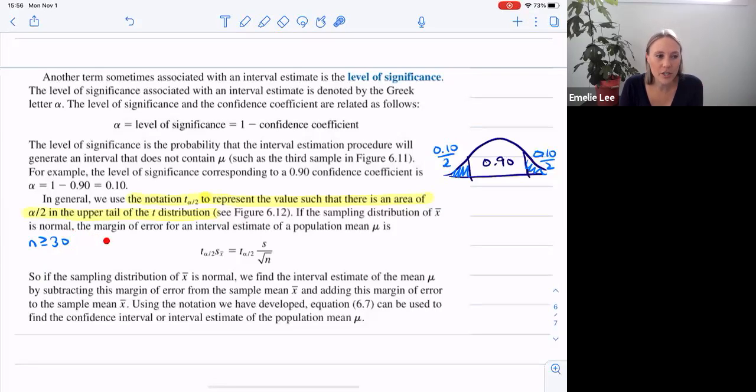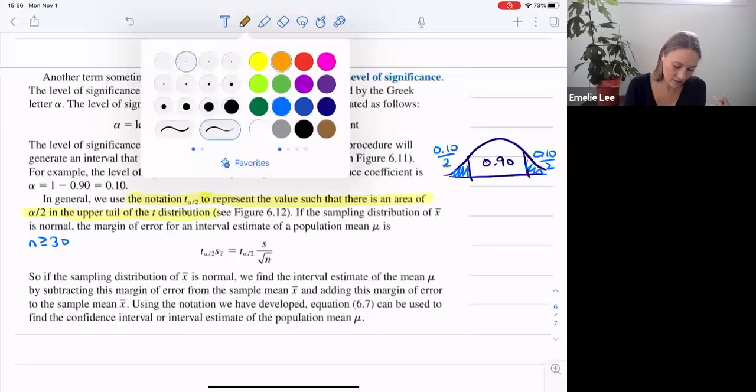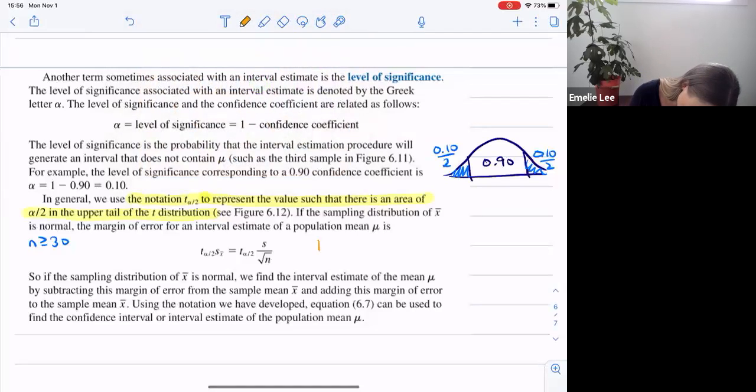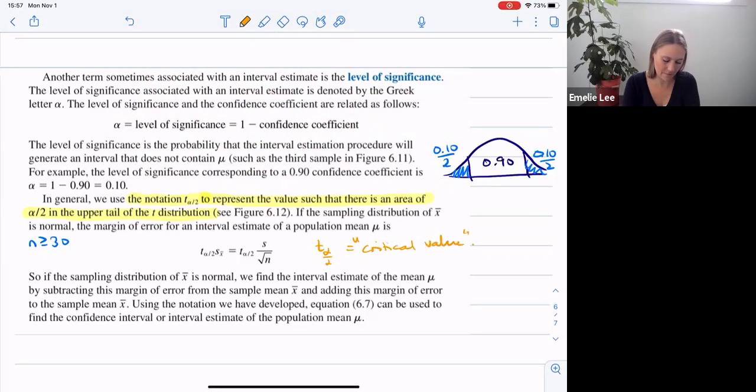Then the margin of error for the interval estimate of the population mean is T alpha over 2 times the standard error of X bar. So T alpha over 2 is called a critical value, in general.